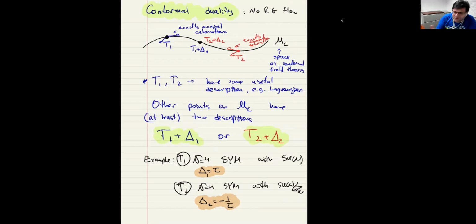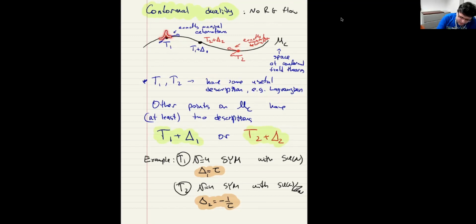It becomes a tautology otherwise. This other description has to be some independent way of writing the theory. So for example, one way to proceed is that here you have one type of Lagrangian, and here you have a completely different Lagrangian.